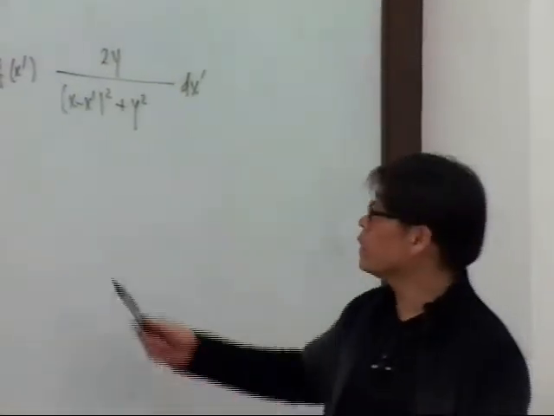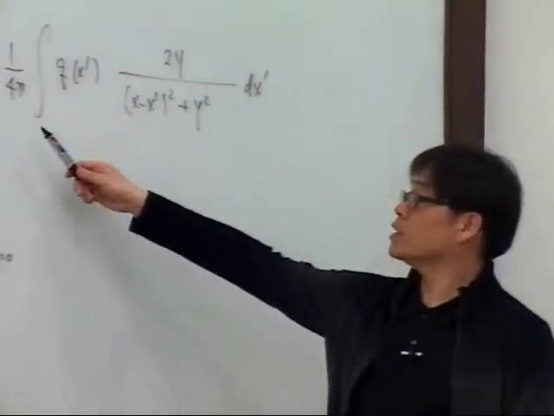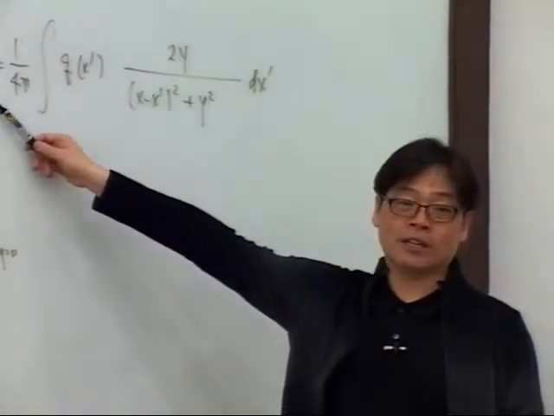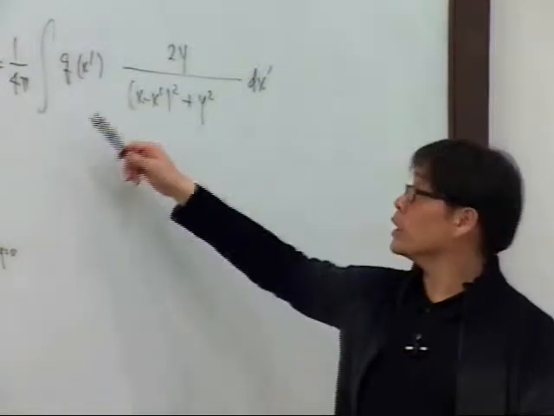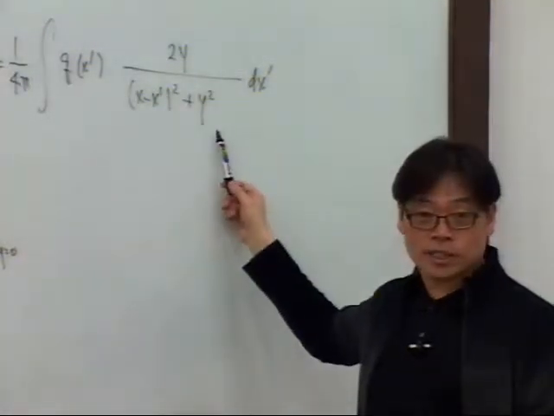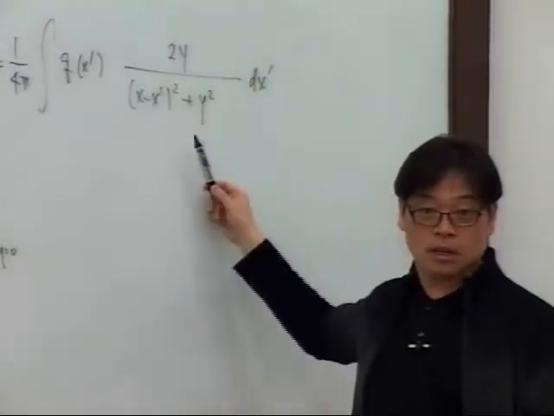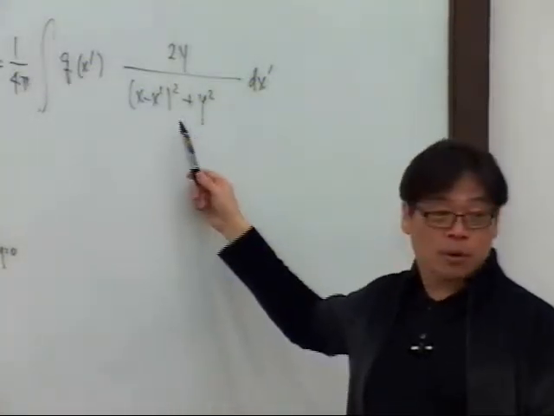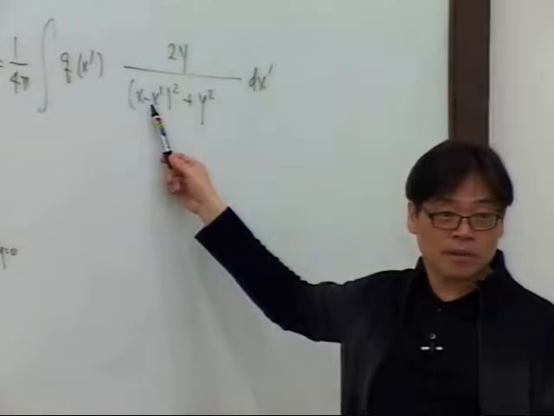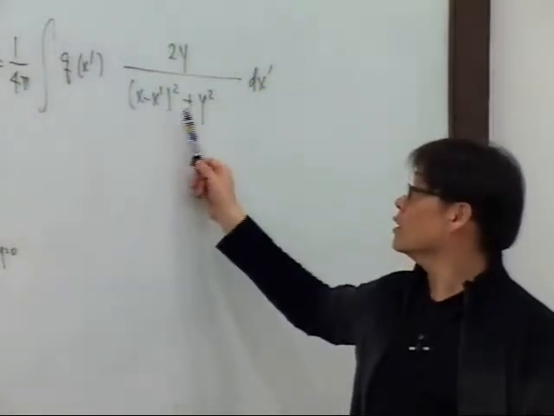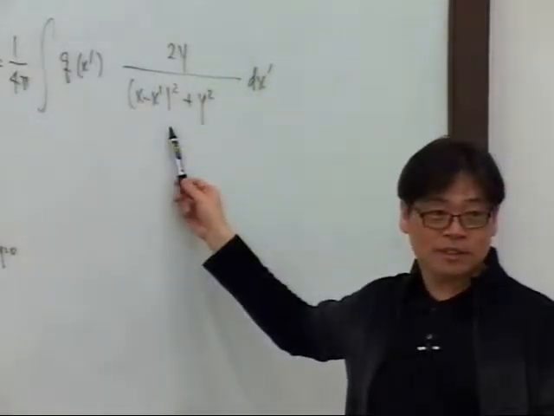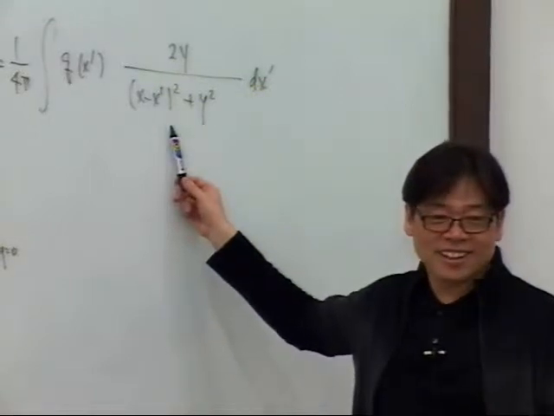One thing you notice is that if you evaluate this y derivative, the vertical velocity, at y equal to 0, this guy is 0, except when x is x prime. If this is 0, then you have 0 divided by 0. So you don't know what to do.